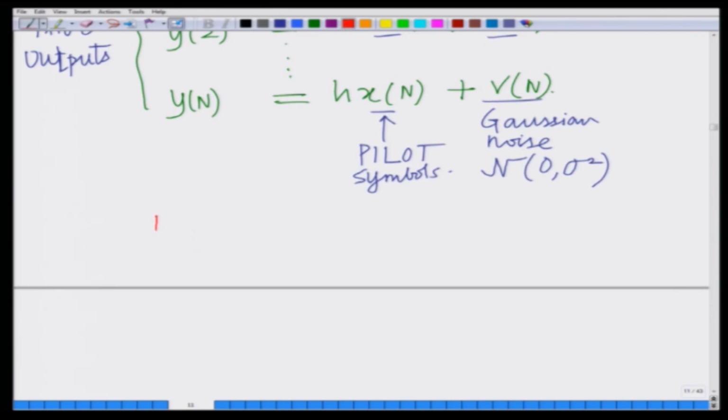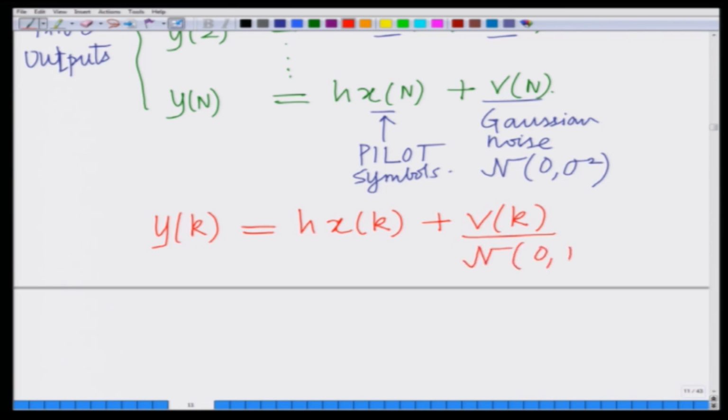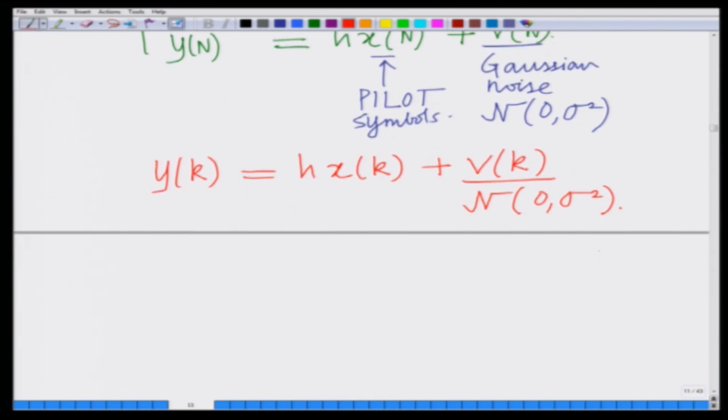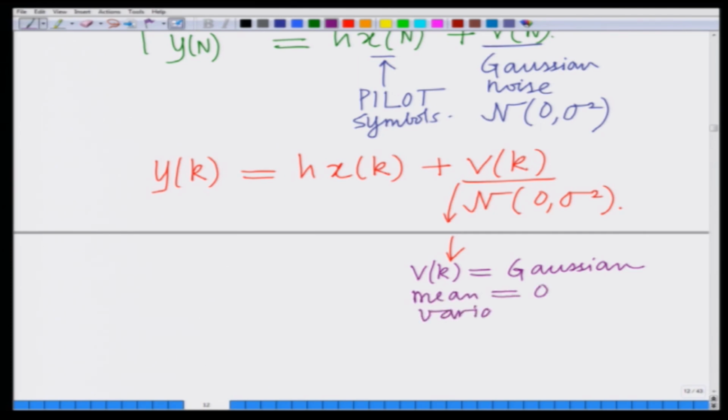yk equals h times the kth pilot symbol xk plus vk, and we know vk is Gaussian with mean 0 and variance sigma square.